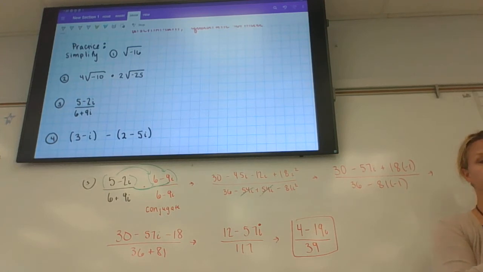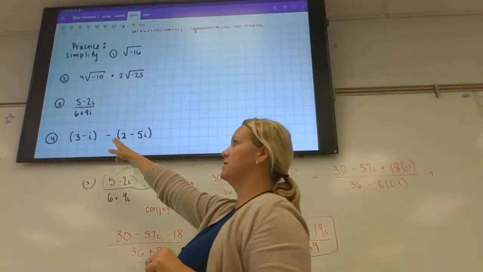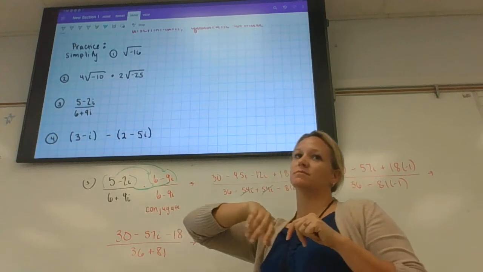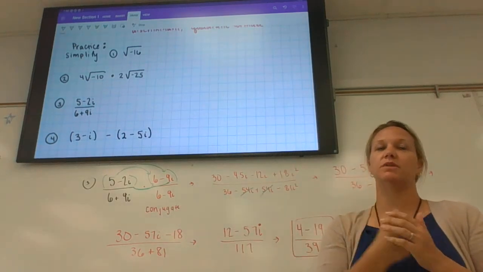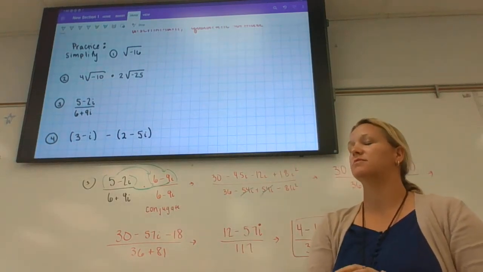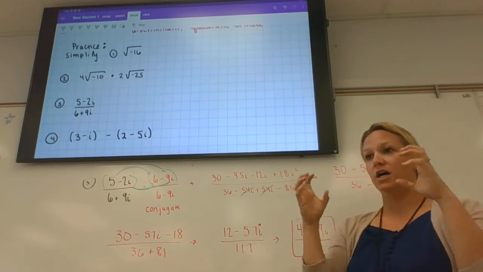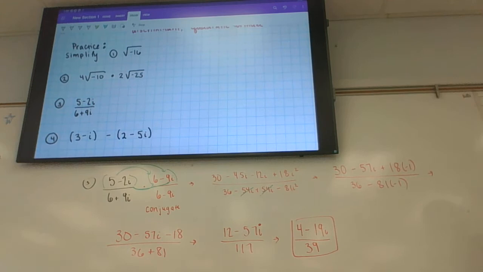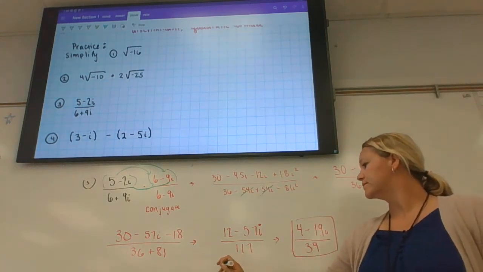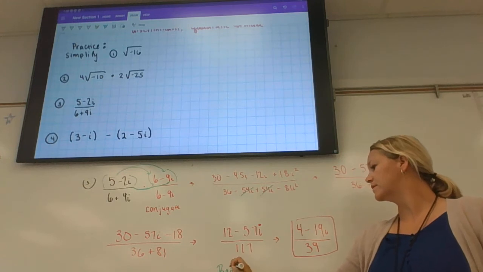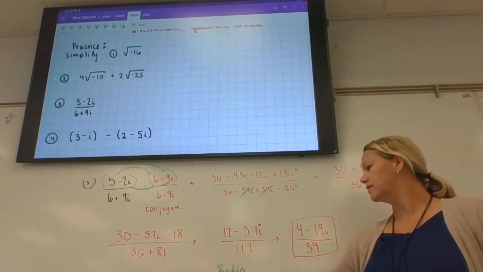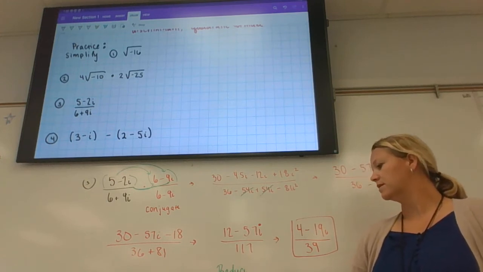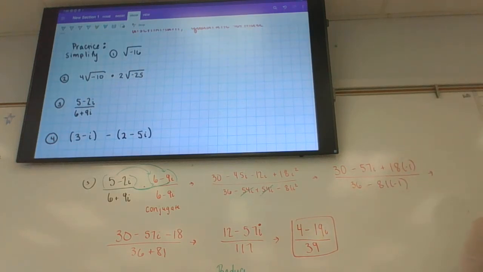Don't multiply. If there's a plus or a minus in here, don't FOIL. People will. You just highlighted a really big common mistake. People will FOIL. If there's no sign, then you FOIL. Yeah, they all divide by 3.